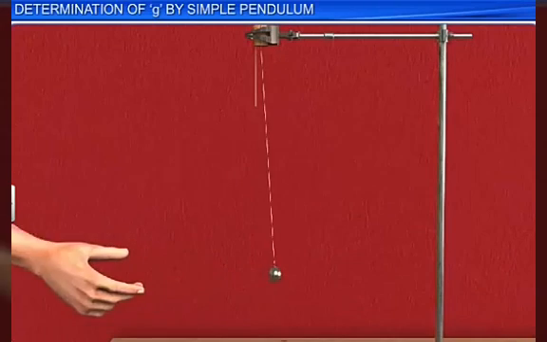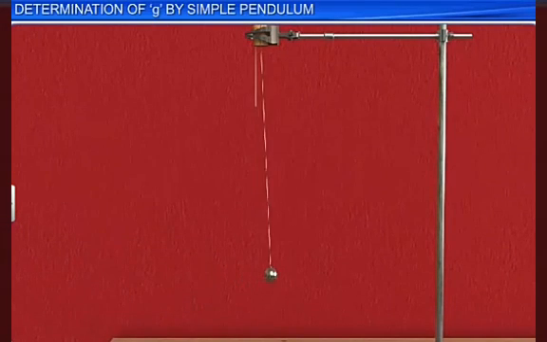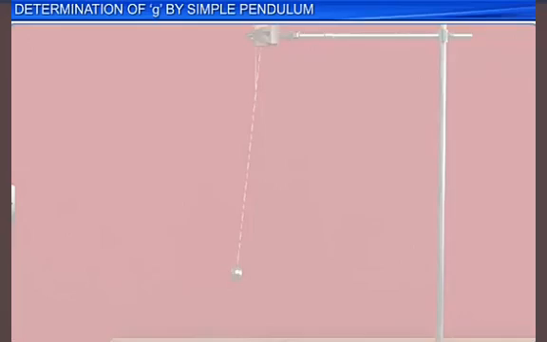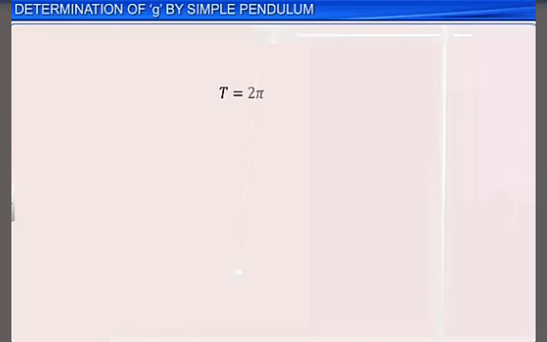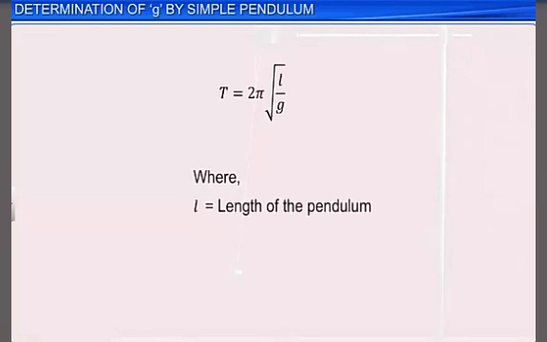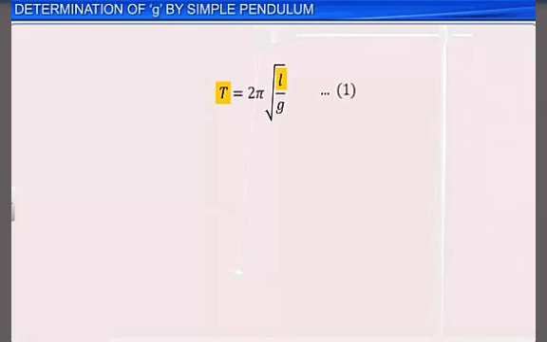You already know that the time period of a pendulum is given by the formula T is equal to 2 pi into square root L upon G, where L is the length of the pendulum and G is the acceleration due to gravity at a given place. Let this be equation 1. From this equation, it is clear that the time period of a simple pendulum depends on the length of the pendulum.